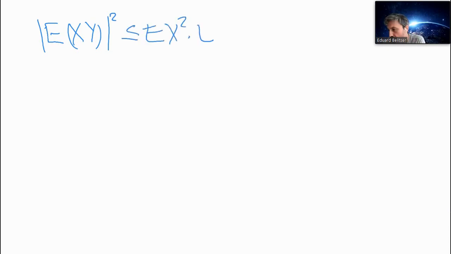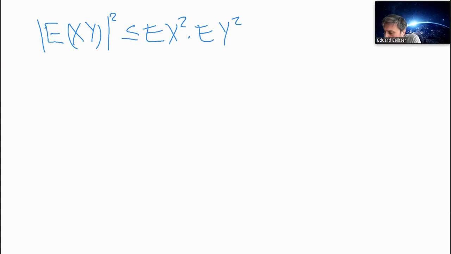You need to prove that the expectation of xy, squared, is less or equal than the expectation of x squared times the expectation of y squared. That's always true for any variables x and y. That's called the Cauchy-Schwarz inequality, by the way.